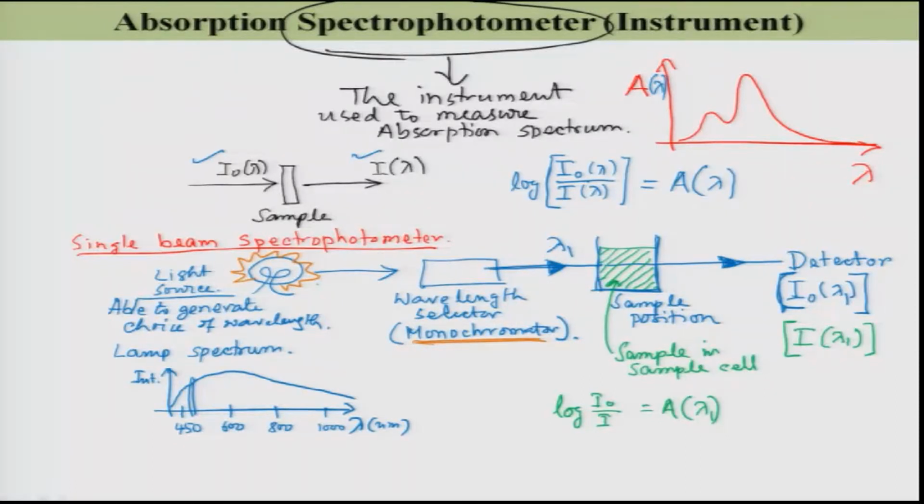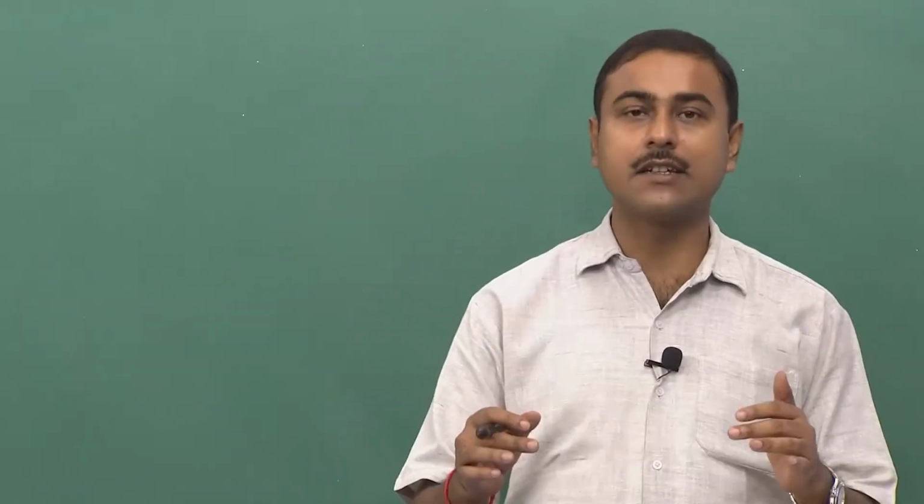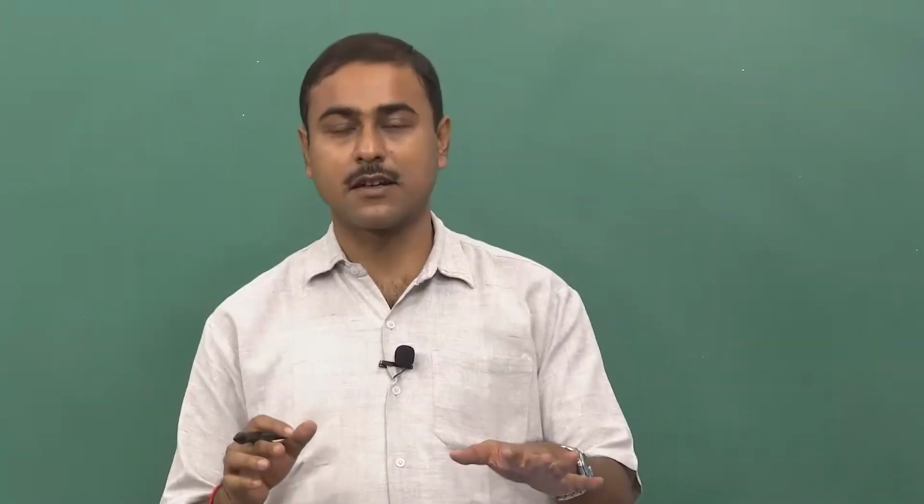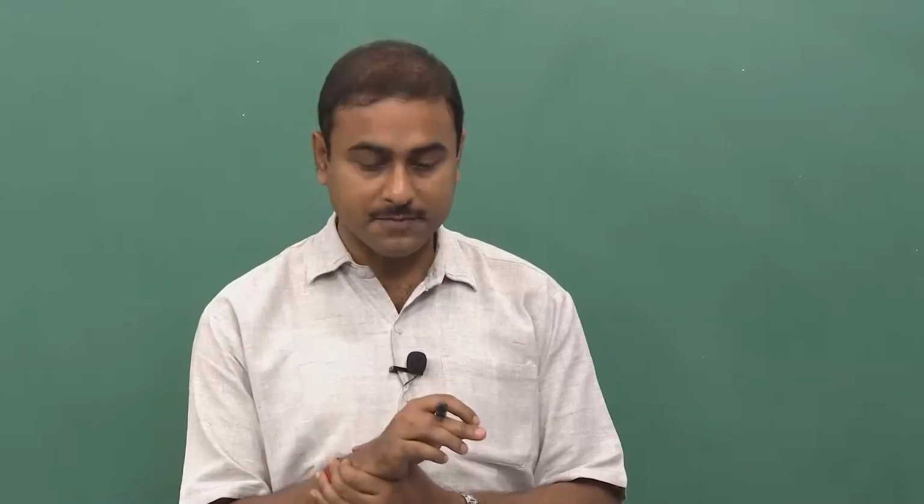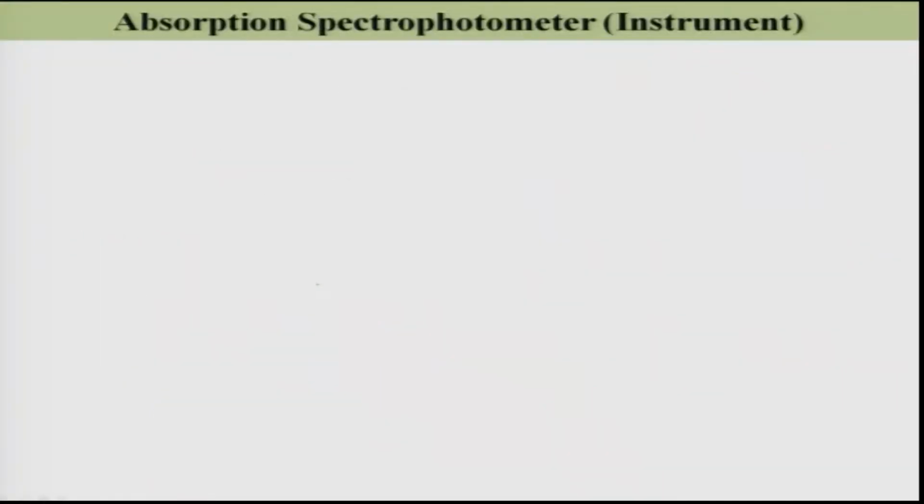The output of the lamp for this particular wavelength lambda 1, if I plot the output intensity of this lambda 1 from this tungsten filament lamp as a function of time, the intensity versus time of the lamp output.